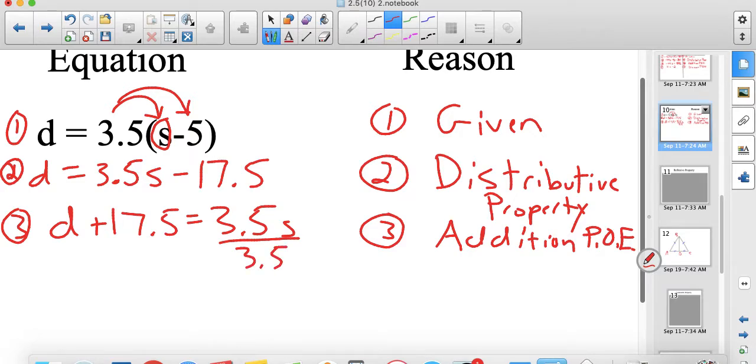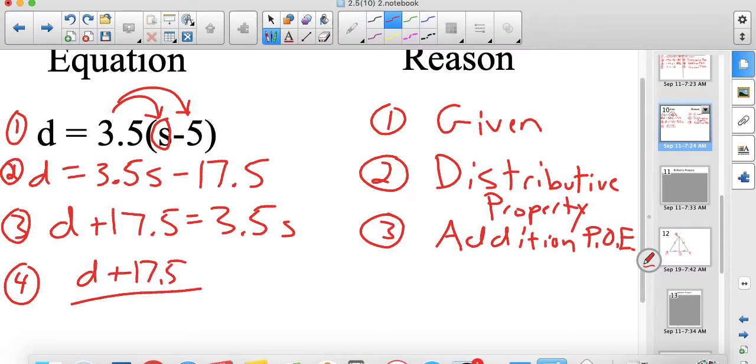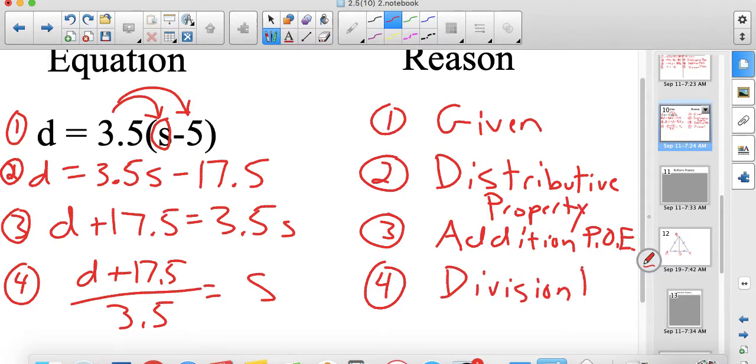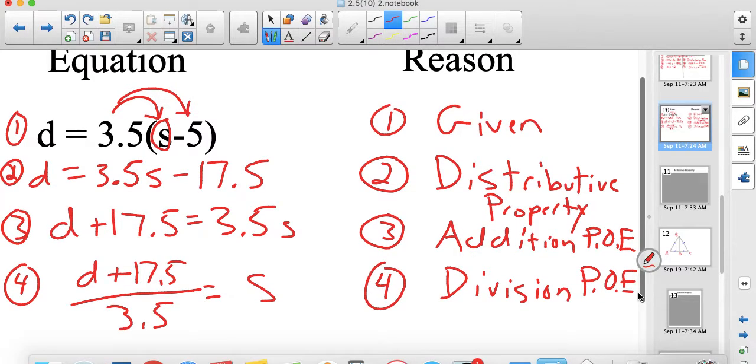So we're going to divide both sides by 3.5. So we end up with D plus 17.5 needing to be divided by 3.5 to get my S. Since I divided on both sides, that was my division property of inequality.